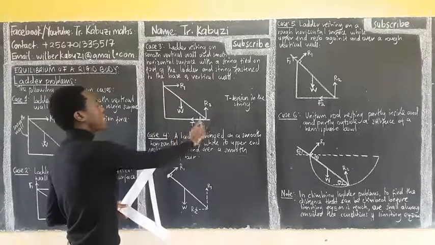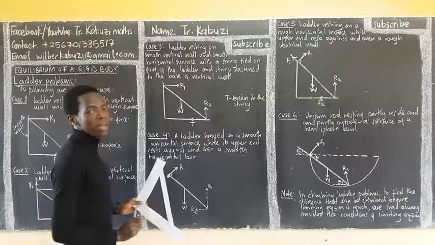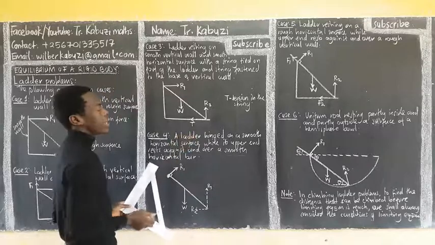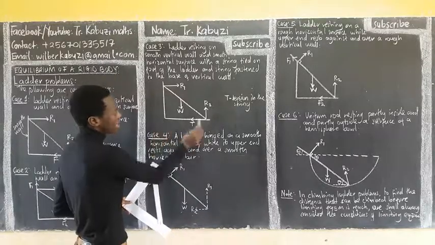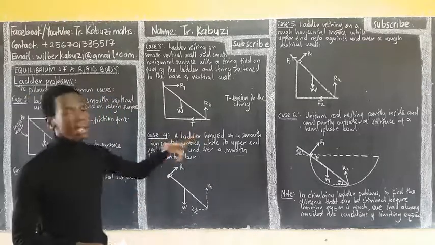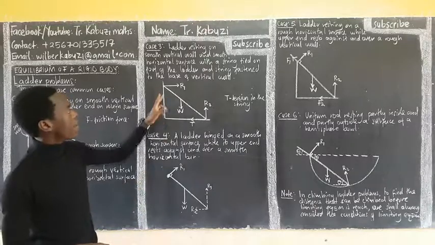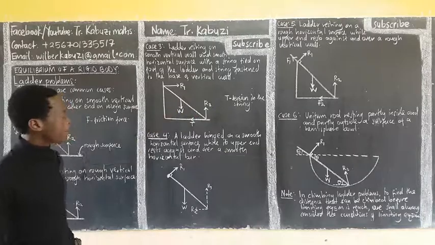It means the ladder is going to be trying to push in that direction, so we are going to have some tension. This is a smooth surface, so don't expect anything like friction. Even though it is smooth, there is contact, that's why I have reaction, and also of course the weight.